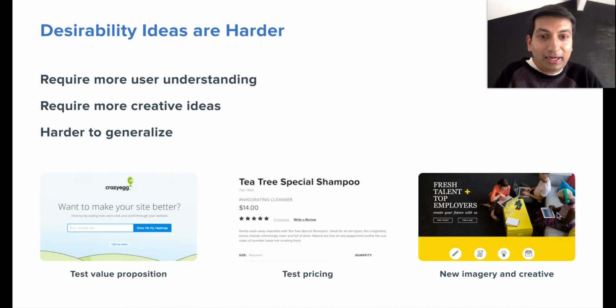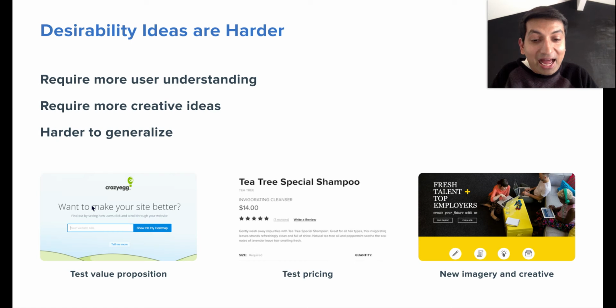On the other hand, desirability tests, as I said, increase the desire to check out regardless of if the web UX is high friction or low friction. So they require more user understanding. Using some examples, headlines and descriptions. Headlines and descriptions can change how a product is perceived.